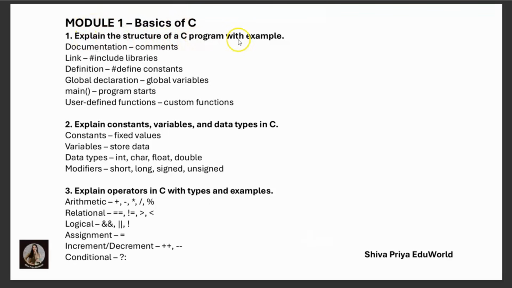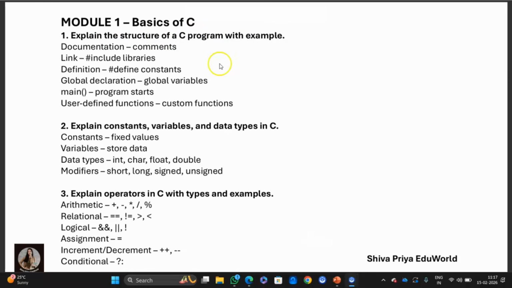The structure of C program. Here I'll tell you one simple thing, that a C program mainly has 3 parts. That is preprocessor directive, which means #include <stdio.h>, everything, whatever libraries that I am including, that comes under preprocessor directive. That is the first main part. After that, we have one more thing called main function, where the compiler starts execution, that is from main function.